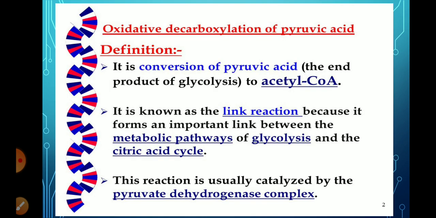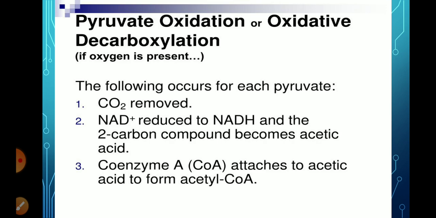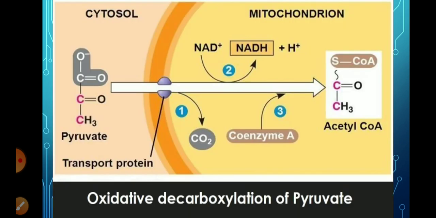Number one, in this reaction, carbon dioxide is removed, as well as nicotinamide adenine dinucleotide is reduced to NADH, and the 2 carbon compound becomes acetic acid. Then coenzyme A is attached to acetic acid to form acetyl coenzyme A.